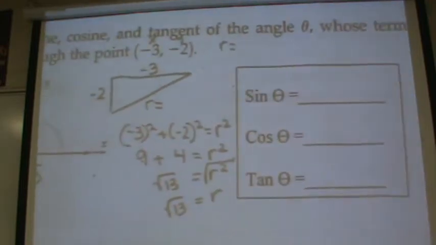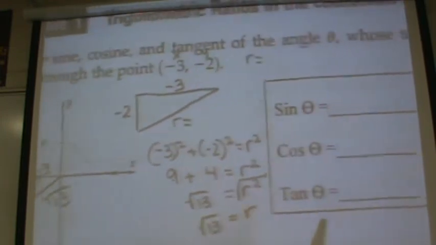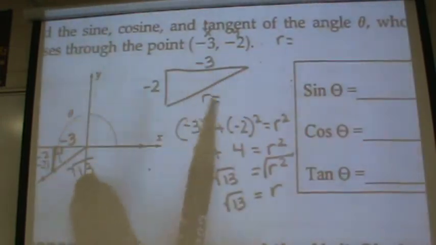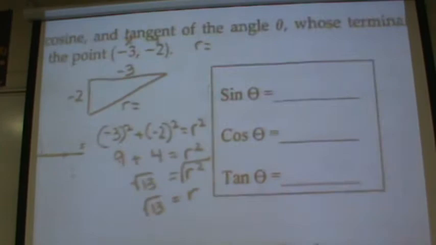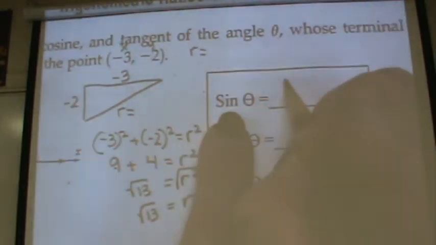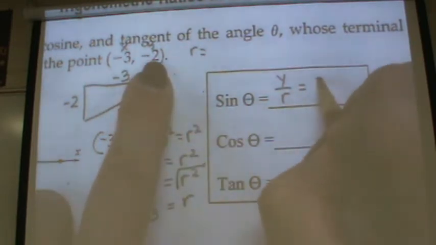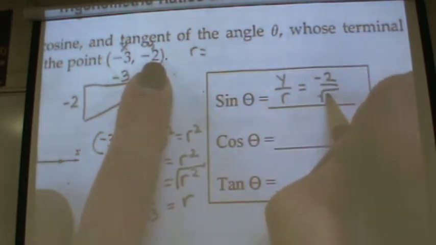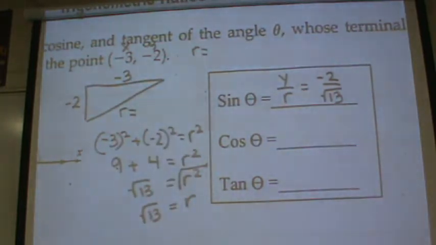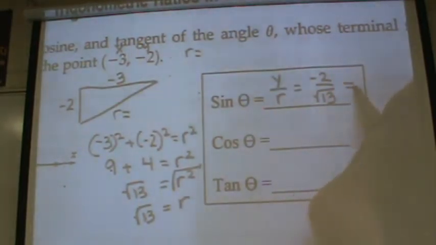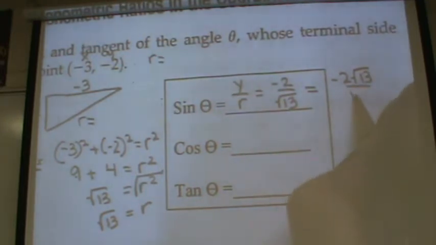So now when you do the sine, cosine, and tangent of the angle that's created by passing through -3, -2, what's the definition of sine? It's y over r. Well, the y value is -2, and the r value is root 13. Now, are you going to leave your answer like that? What are you going to do? Rationalize it. So your best answer is -2 root 13 over 13.